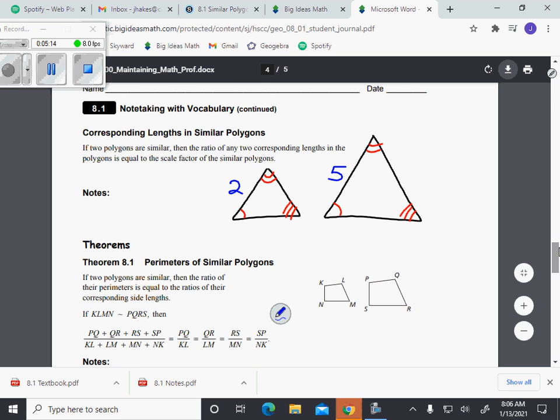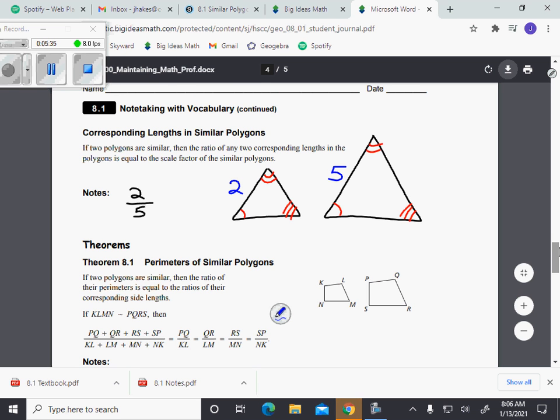So what's the ratio of the similar figures? What's the ratio of their side lengths? The ratio, from little to big, is 2/5. Okay, that's fair. Little triangle to big triangle, 2/5.